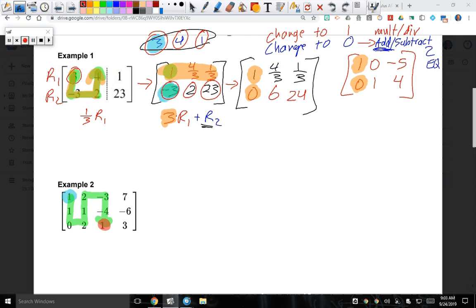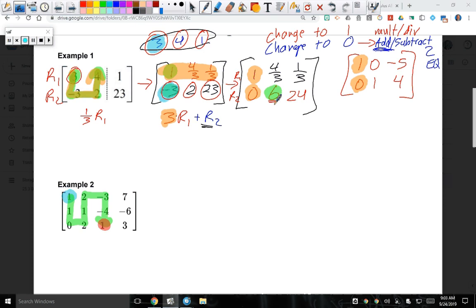I'm wanting to make what number change next? Which number am I going to choose? 4/3 or 6? 6, because of the roadmap, right? So let's choose 6. And we're trying to make it into a what? 1. So what could you do to either row 1 or row 2 to make this 6 become 1?